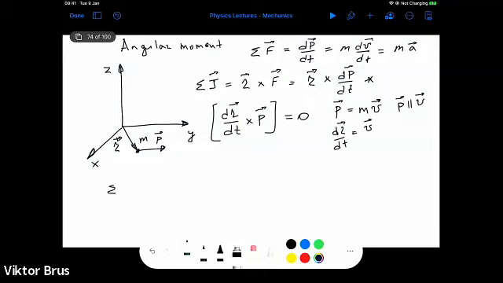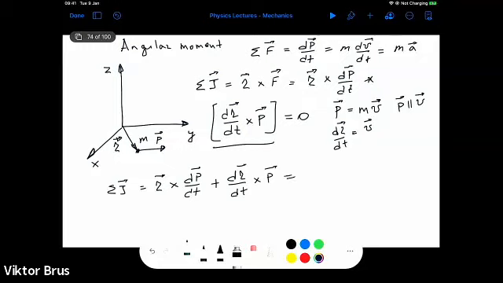The resultant torque will be equal to r times dp dt, plus this part dr dt times p.